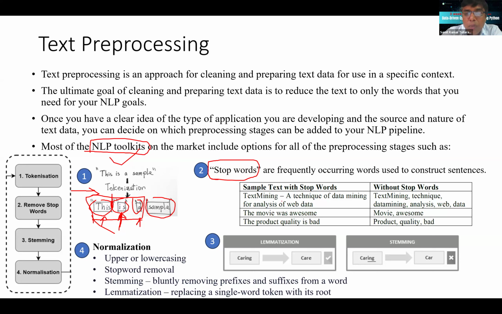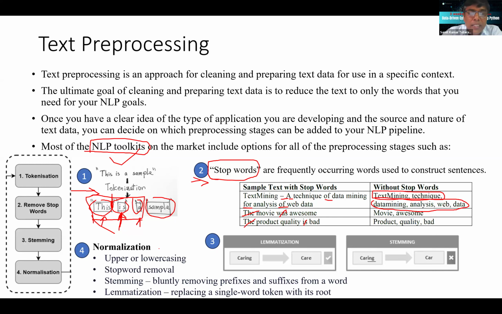We have stop words like this, hyphen, a, of, for, but you can see after removing them, it's only two words. It means two words are very important to identify that sentence. And similarly here you can see these words are important. It means we are going to remove the stop words. This is the main motto for this.